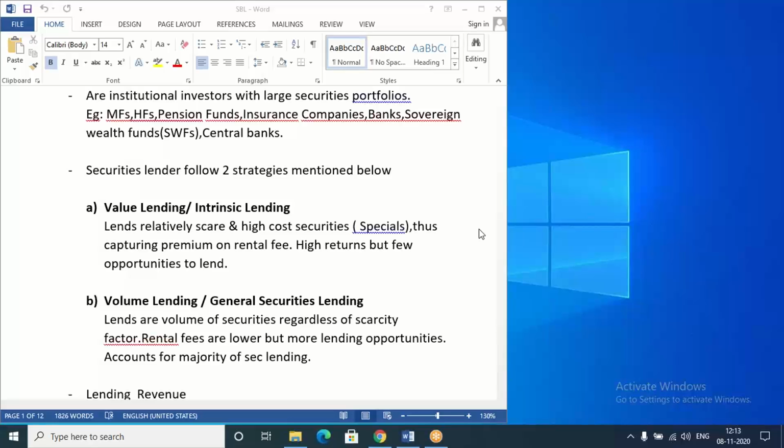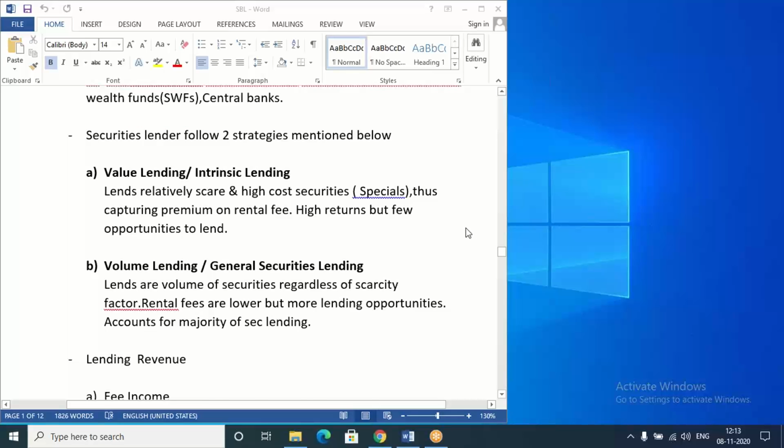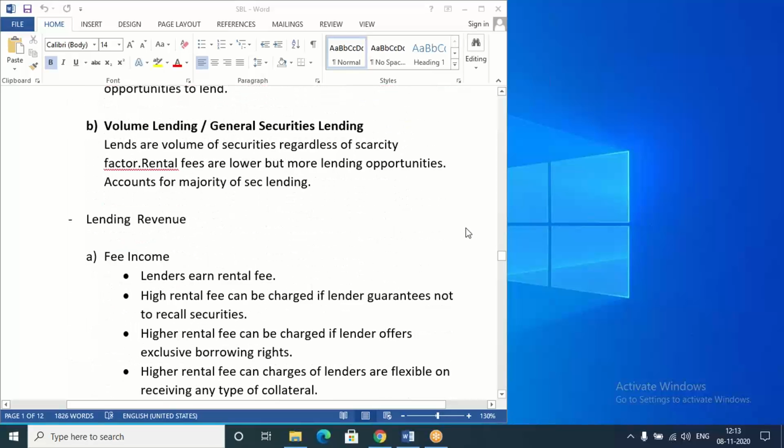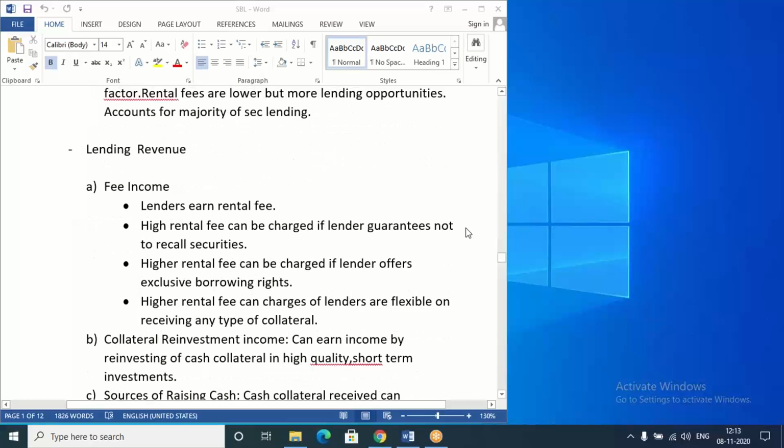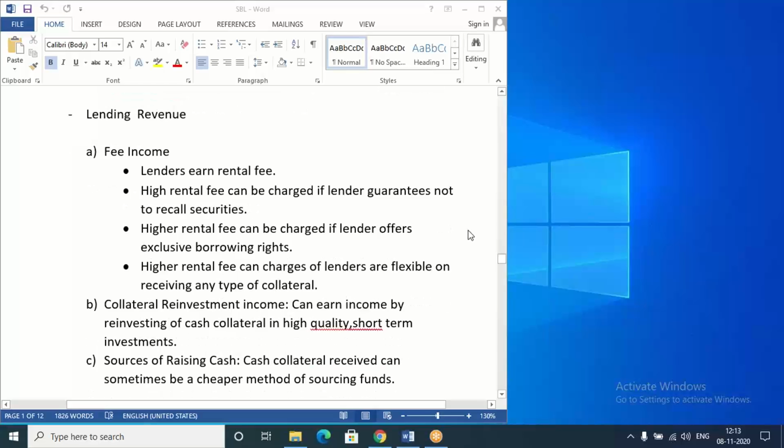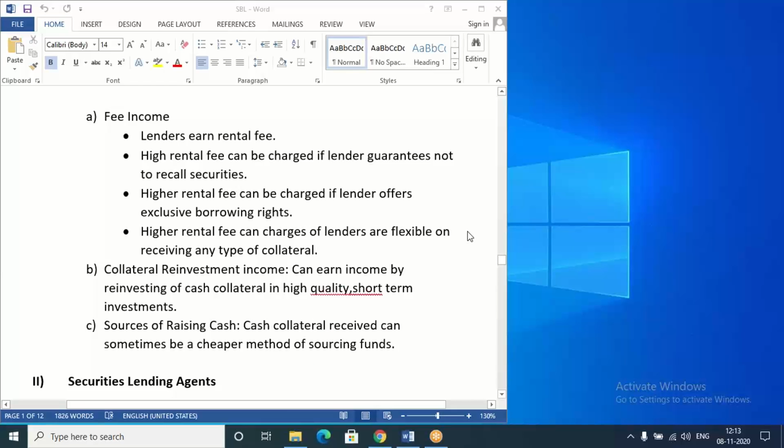So under participants in SBL, the first participant is lenders. We discussed that. Okay, cool. Next, for lenders, we'll talk about the reasoning behind why they lend. They get lending revenue. Under that, the first thing is fee income. Lenders earn a rental fee.